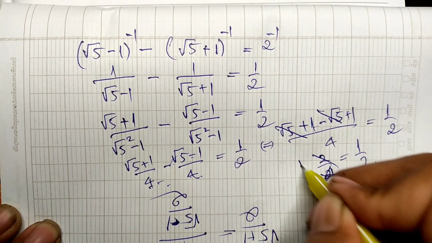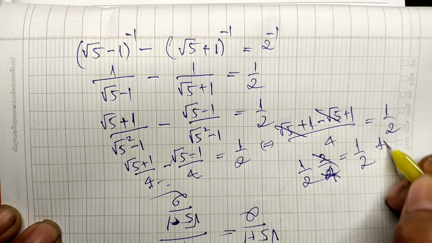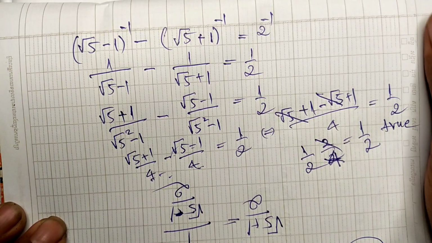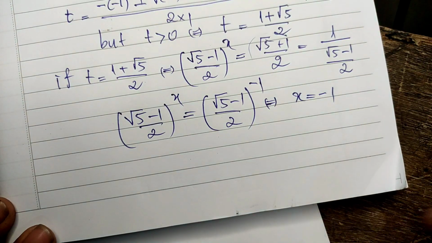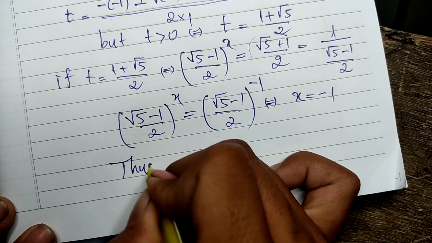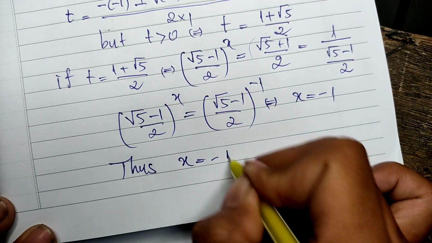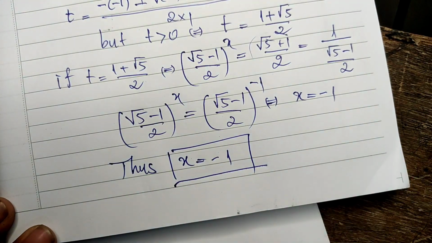We simplify with 2, we get 1/2. It's true. Now we verify our solution. Thus h equal to −1 is our solution.